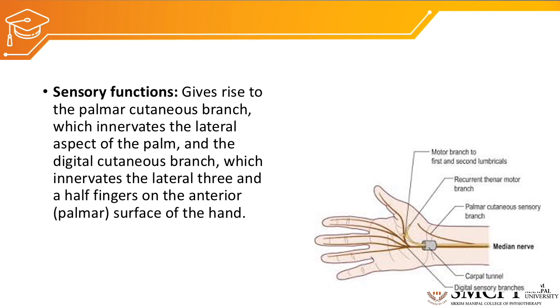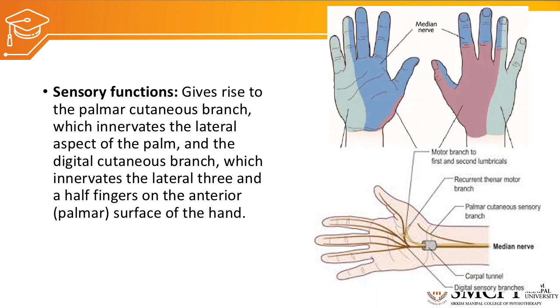Then the sensory branch gives rise to the palmar cutaneous branch, which innervates the lateral aspect of the palm, and the digital cutaneous branch, which innervates the lateral 3.5 fingers on the anterior or palmar surface of the hand.